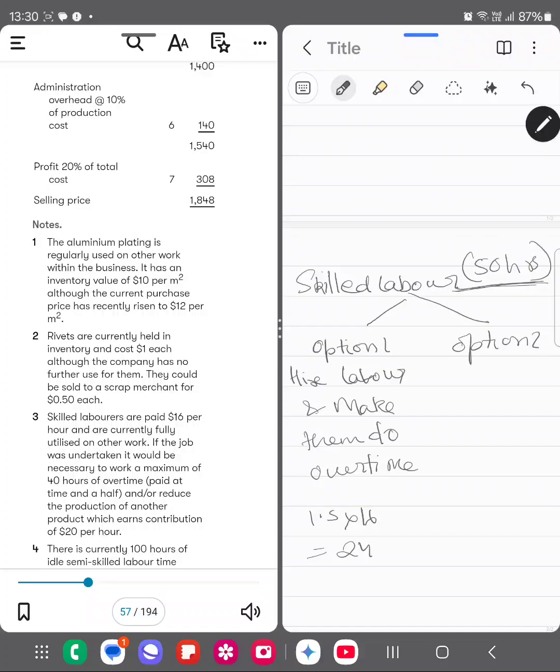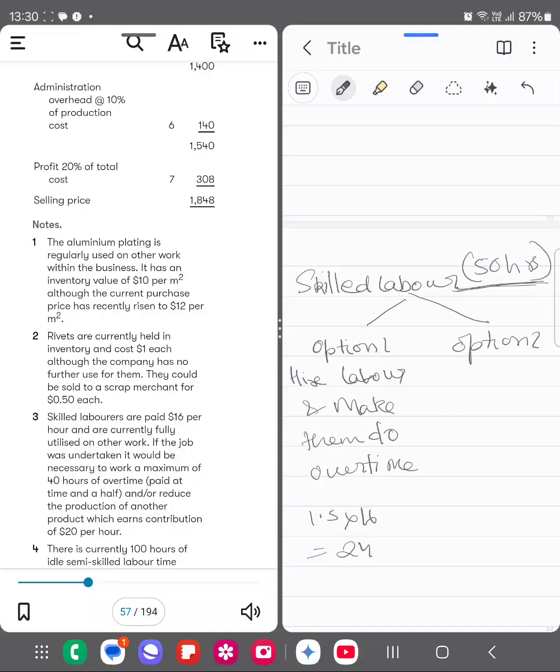Option 2 says, if you divert the labor from another project to the current project, then the contribution which was being earned in that other project, that $20 would have to be forgiven. Okay, so in case of that, what can we do?